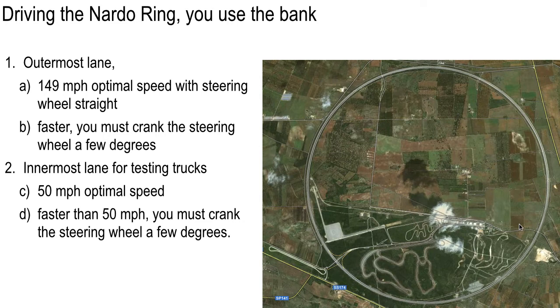I mean, they're not going to have a situation where there's no test drivers, but the Nardo Ring is a great example, a physical example of a pretty close to perfect circle for everyday things that move in a perfect circle and frequently with uniform circular motion.